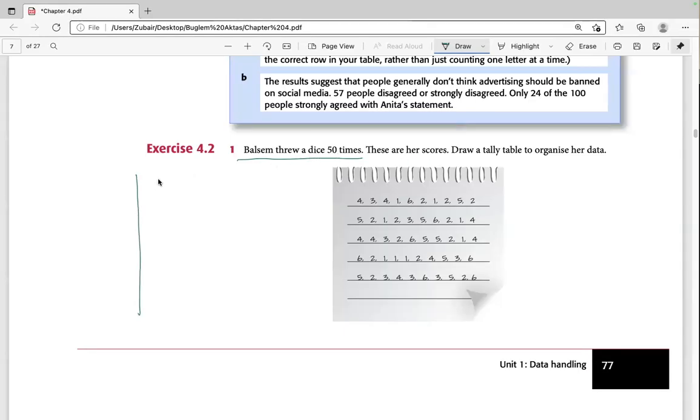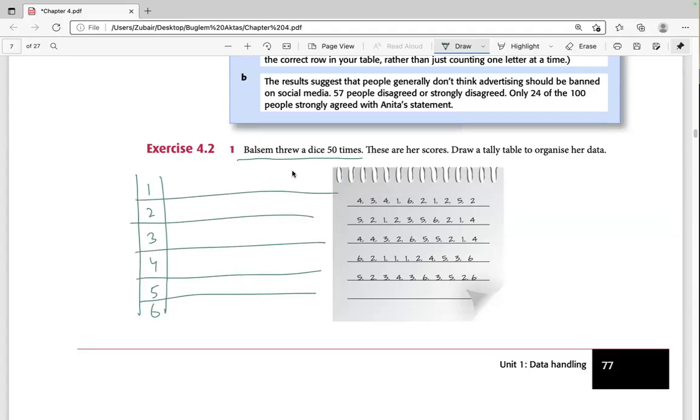And if we are throwing a die, we are having 1, 2, 3, 4, 5, 6 different outputs. How do you suggest we calculate this data? With tallies, basically, just count them. How many fours are there, or how many ones are there that she got? Yeah, sure.